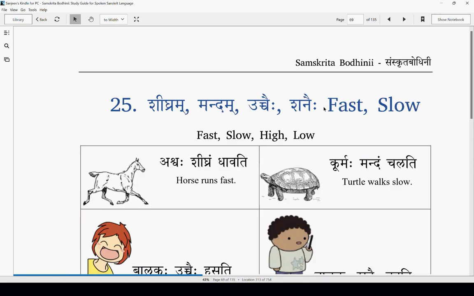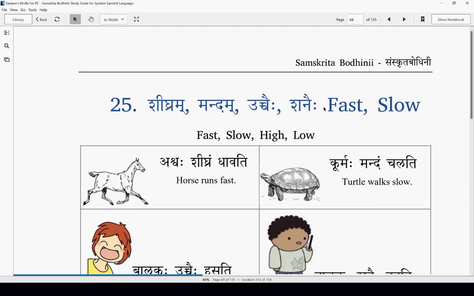Note that these, Shighram Mandam Uchchaishanaihi, what are they? They are adverbs. Avyayas. But in the sentence, they are coming as adverbs, describing how the kriya, how the action is happening.